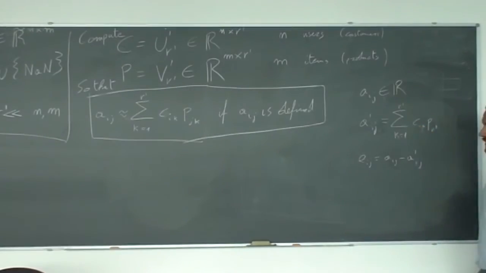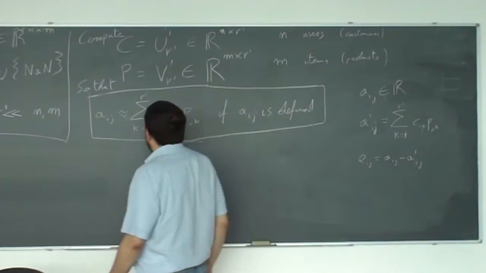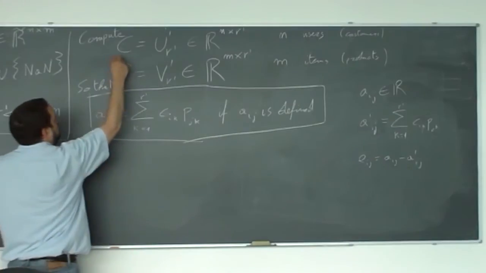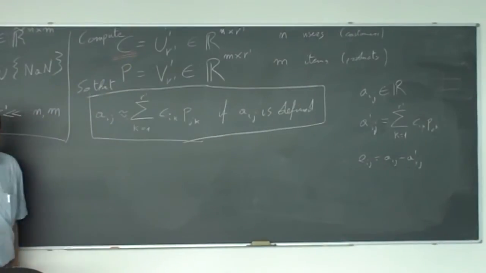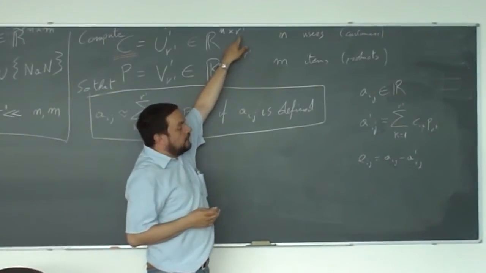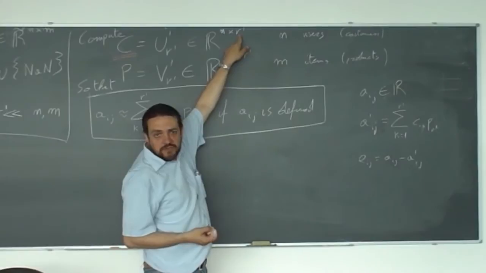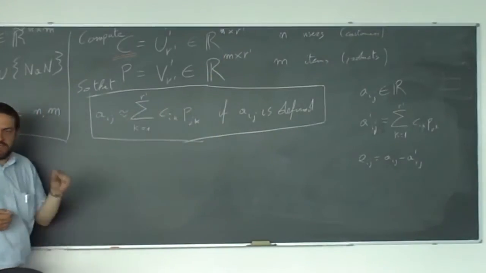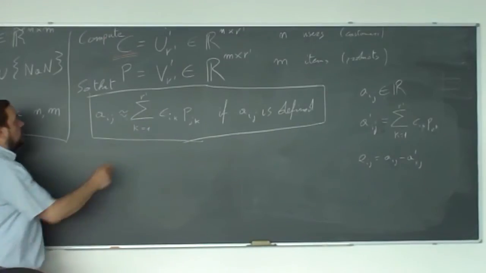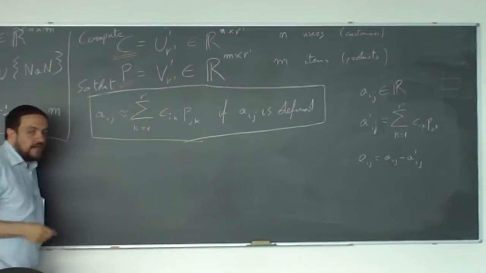Okay? Remember, what we are building here is actually a model of the users. We are representing users in an R prime dimensional vector space. Every user is a vector with R prime numbers, and we are modeling items.